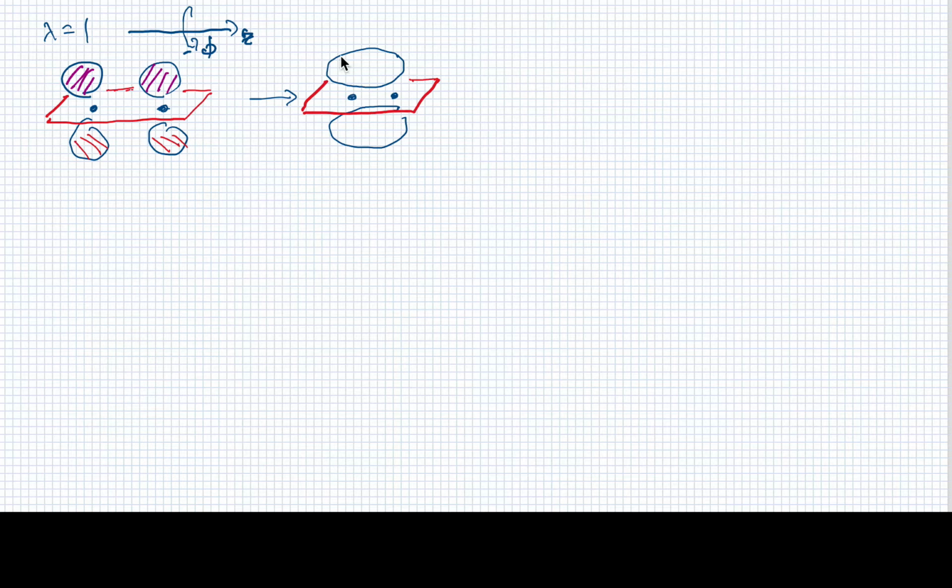We would have our bonding corresponding to this and this. But you'll notice that we still have a node in the azimuthal direction. We can only get lambda equal 1 if we start with a wave function that has a node in rotation about the z-axis. So only if we have an azimuthal node to begin with can we get one when we combine these together like this.